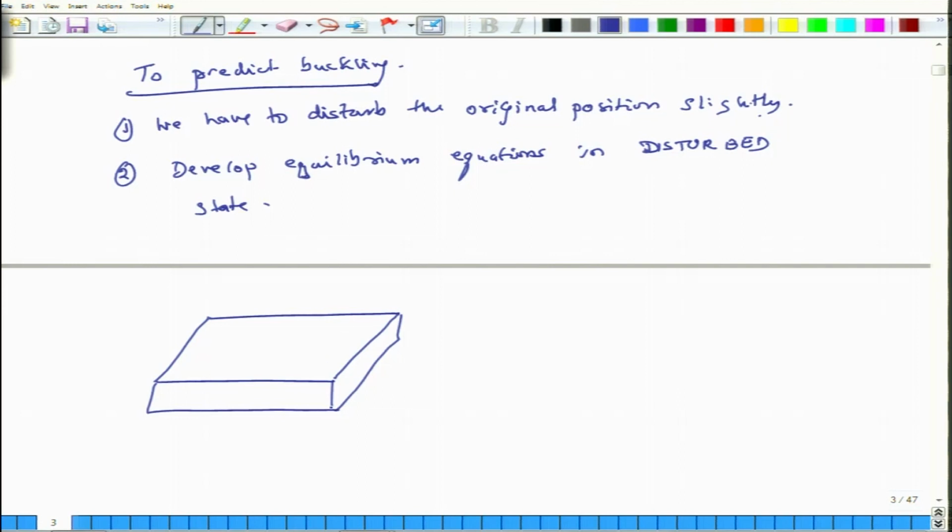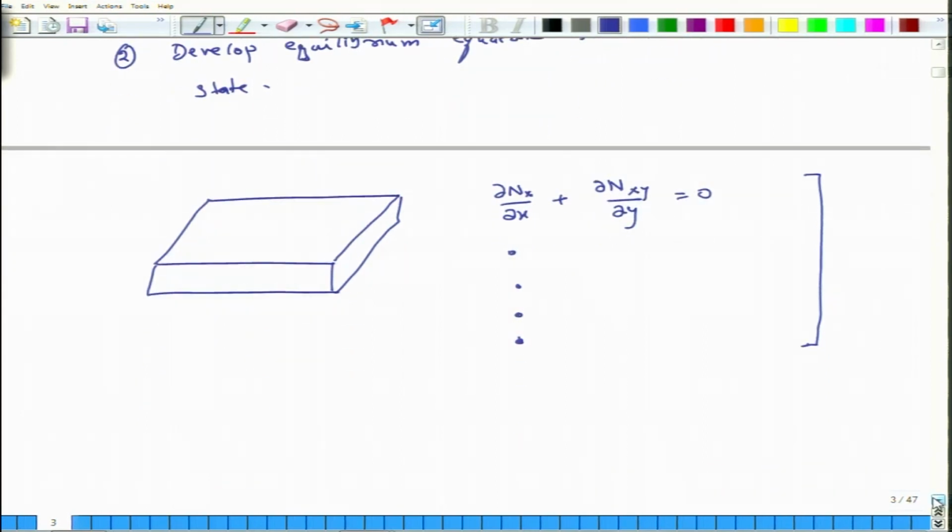So, our original equations which we developed were these: del nx over del x plus del nxy over del y is equal to 0, and we developed 5 equations, and in all these 5 equations we developed the equilibrium equations by considering the undeformed position of the plate.